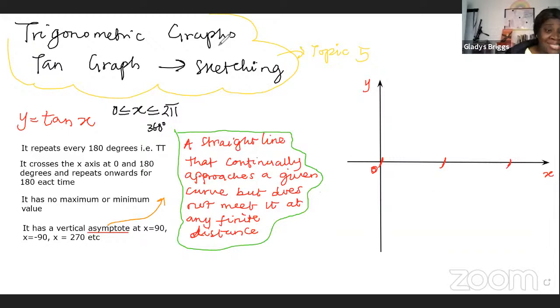But there is an asymptote, okay? At 90 degrees, there is an asymptote. Let me change the color of that pen. You need to use broken lines to indicate your asymptotes.